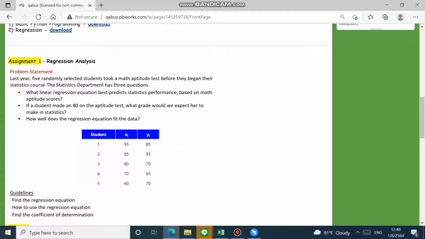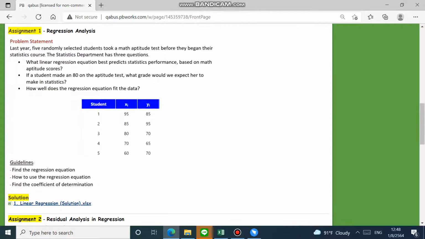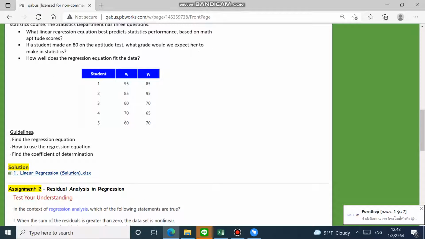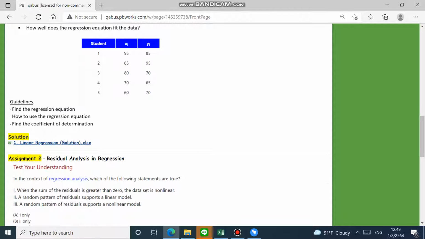Please go and review and try to understand. And the most important thing is you need to interpret the data. When you get the linear regression equations, what does this mean? What is the predicted data? What are the predicted y values? And when you get the linear regression equation, how to use it?